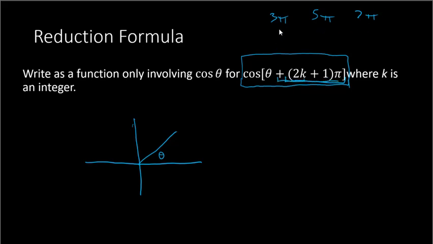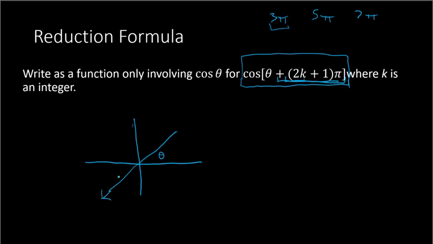So now we have to see how these different angle measures affect the cosine of theta. First of all, we're adding 3 pi. So 3 pi would be going around once, that's 2 pi, plus another pi would take you over here. If you go around from here, 3 pi would be 1.5 revolutions, and that would take you to this location.